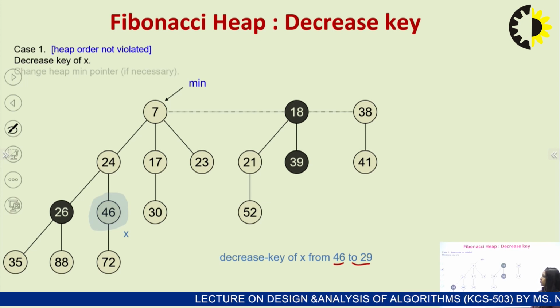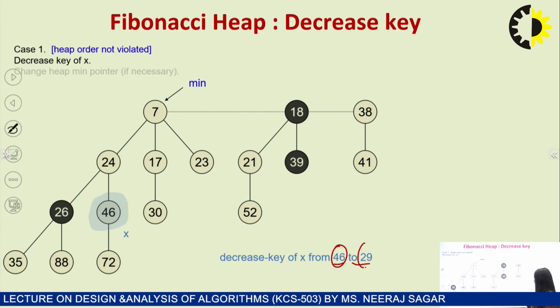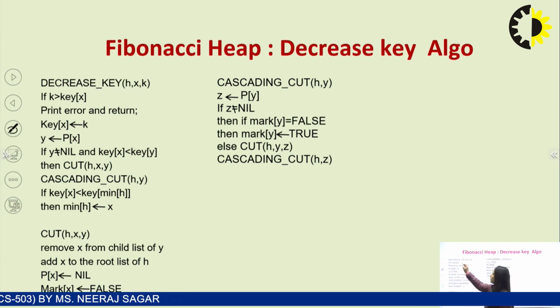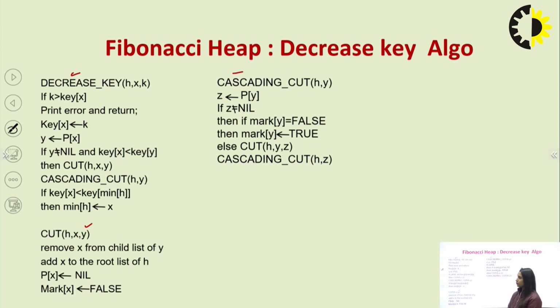Fine. So I just want to decrease 46 to 29. For decreasing a key, we have these 3 algorithms: first decrease key, then cut, and then cascading cut, right?